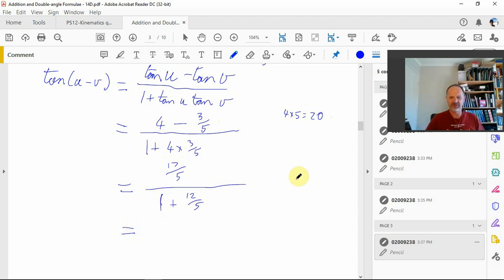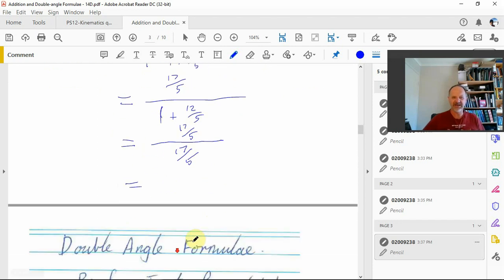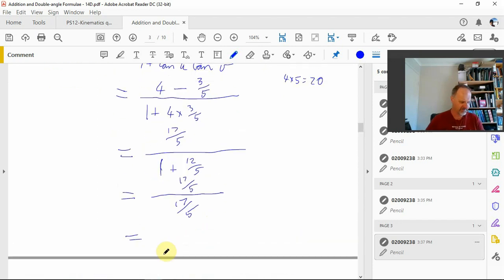And 1, of course, is 5/5 plus 12/5. So 5 plus 12 is 17/5. Dividing by fractions there, I believe. So when we divide by fractions, we turn upside down and multiply. So 17/5 times 5/17, I believe, would be 1.